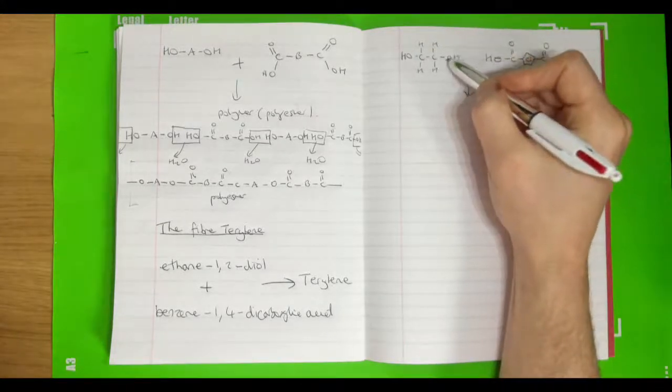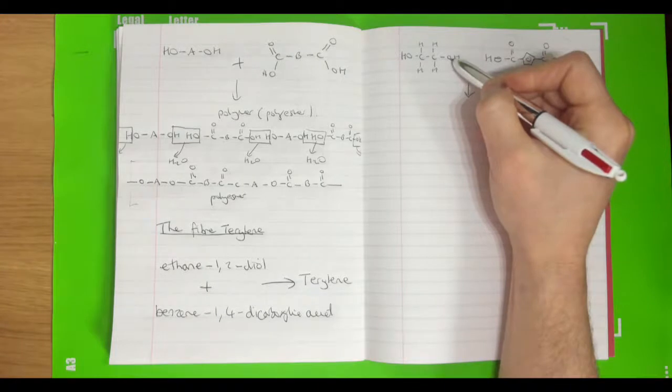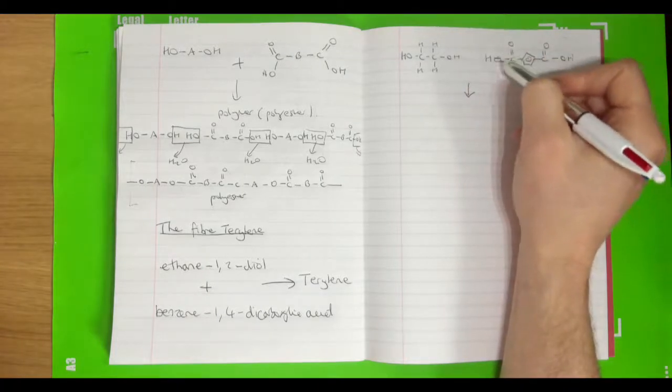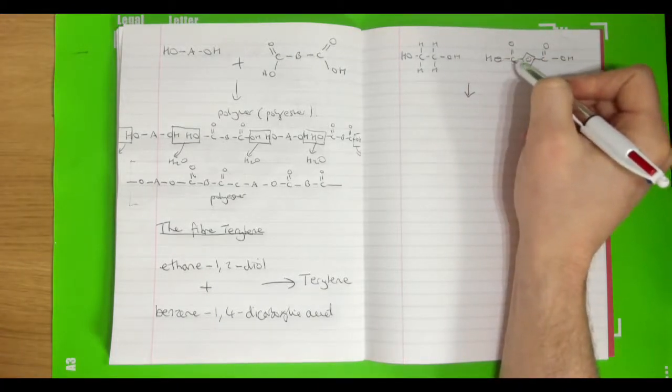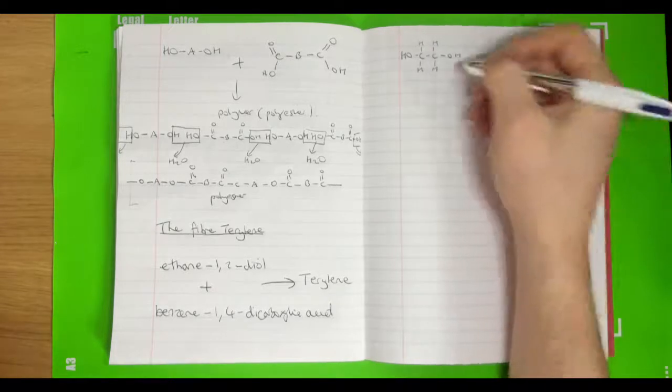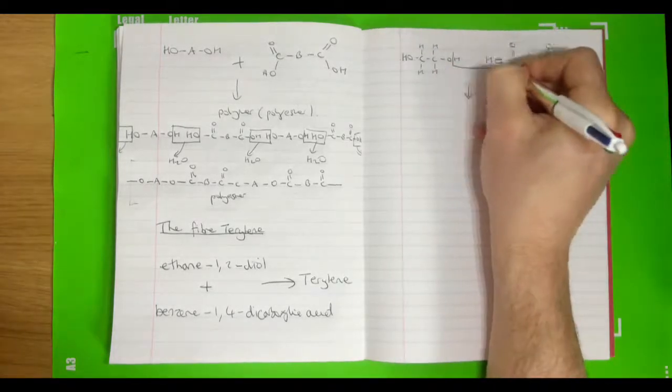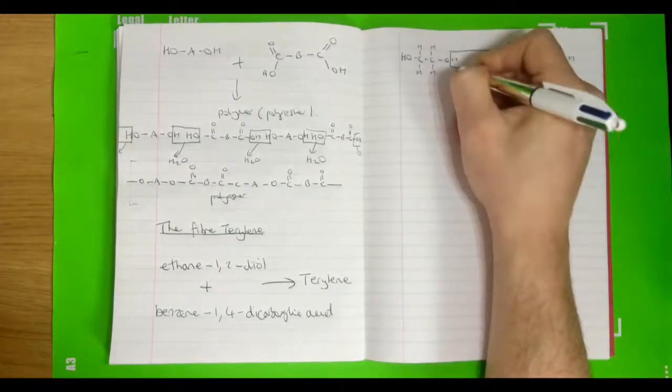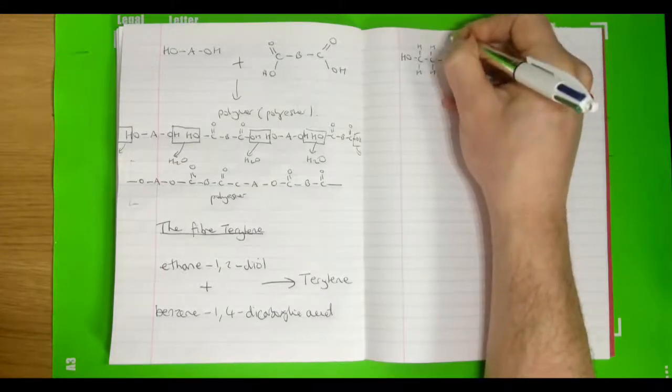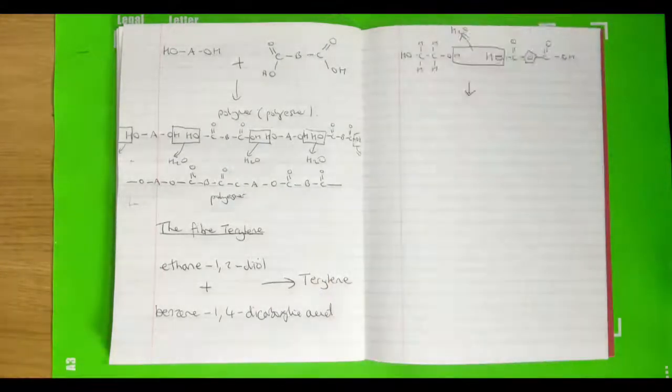So remember, it's the OH bond which breaks in the alcohol, and the CO bond which breaks in the carboxylic acid. So that would go off and make a molecule of water. Okay.